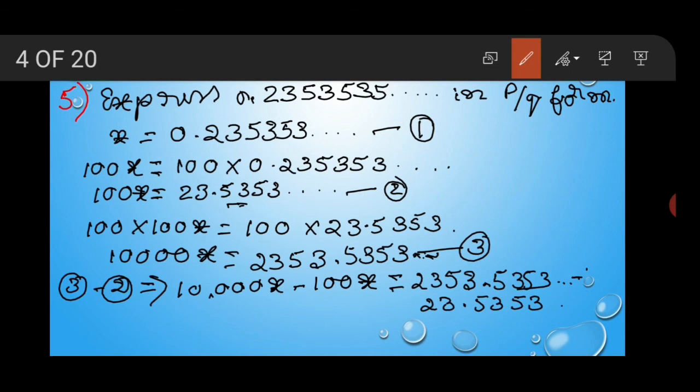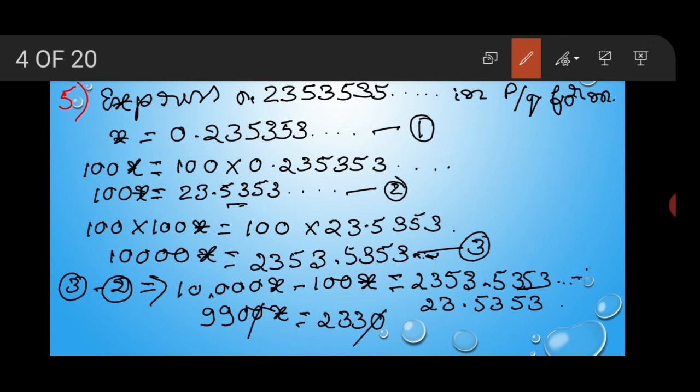You will get 9,900x is equal to, subtract, 2,353 minus 23, becomes 2,330.